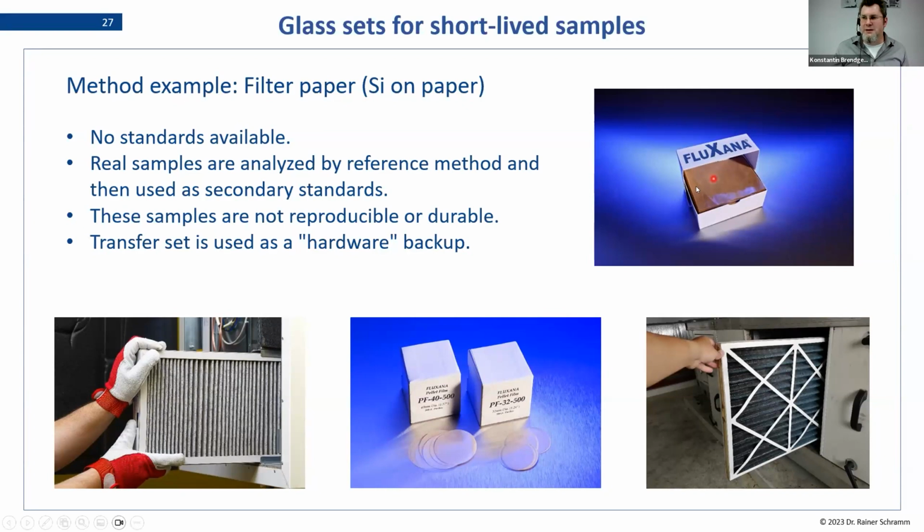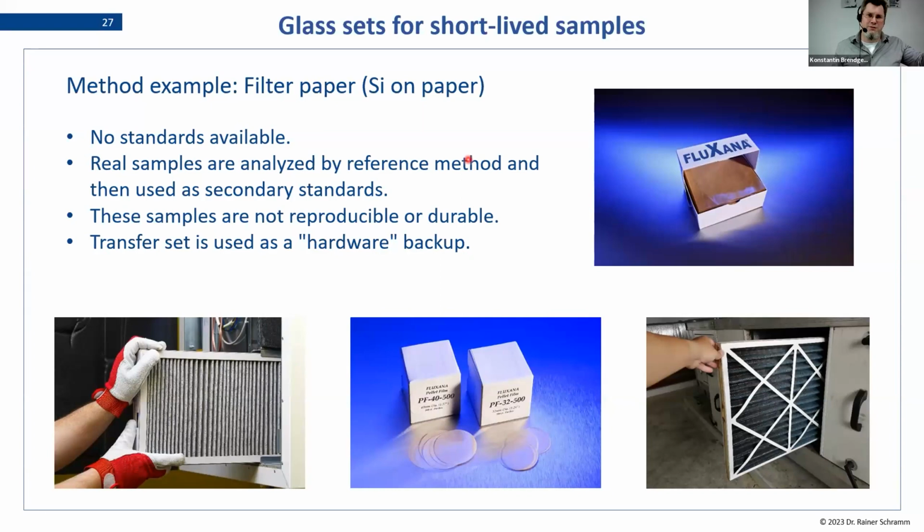We are analyzing these little papers between thin films, and the reason we decided to do this as a transfer set is generally because there are no standards available on the market. This is a common theme. You'll see that in the other examples as well. So what we had here is some real samples and we analyzed them with a reference method.